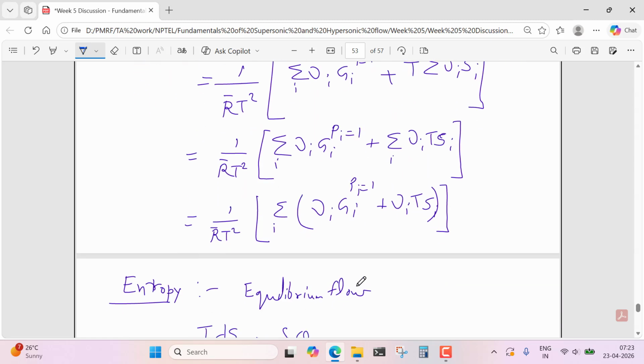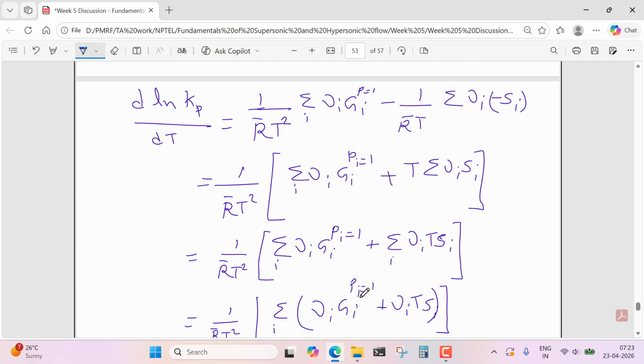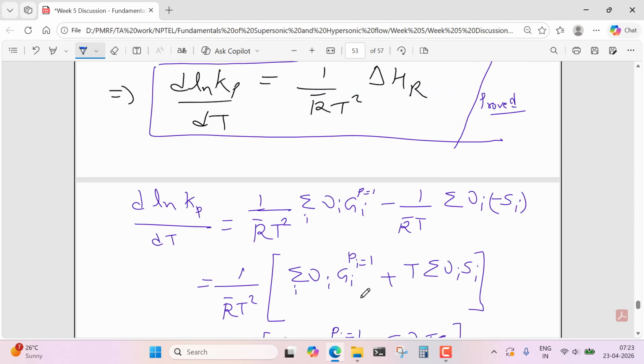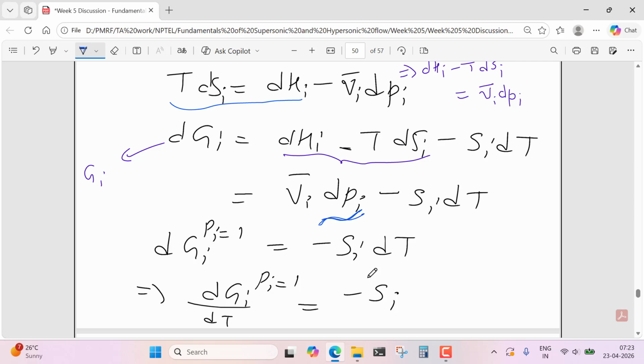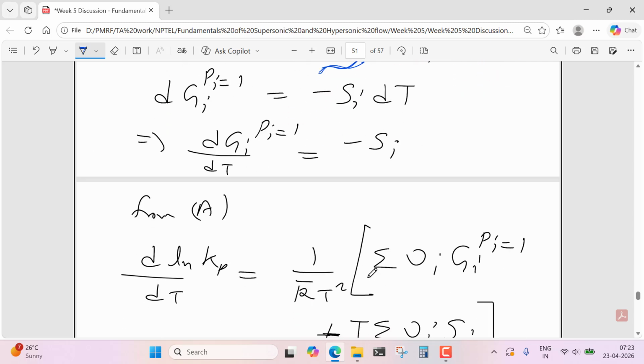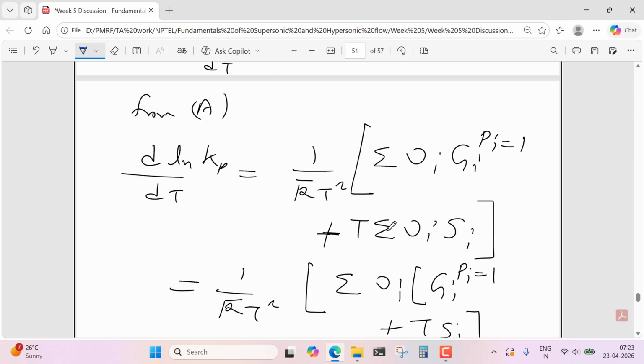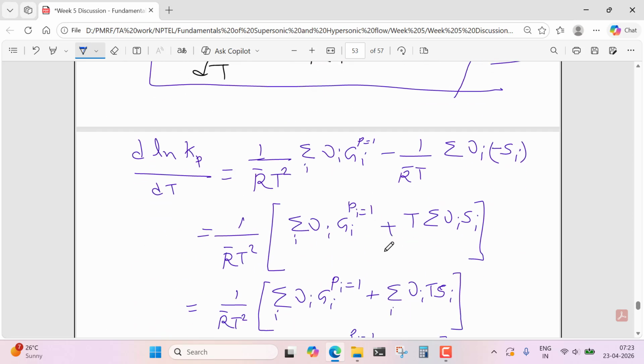There is one thing: I have simplified some steps before, like here. Here I directly put this hi, but before it was like this.